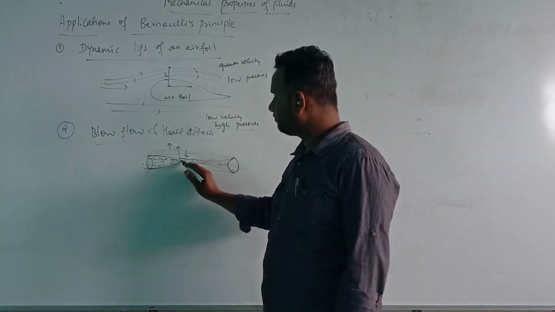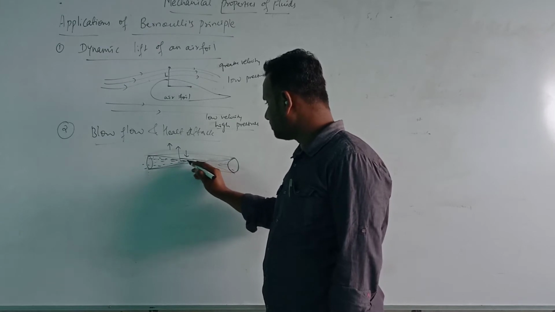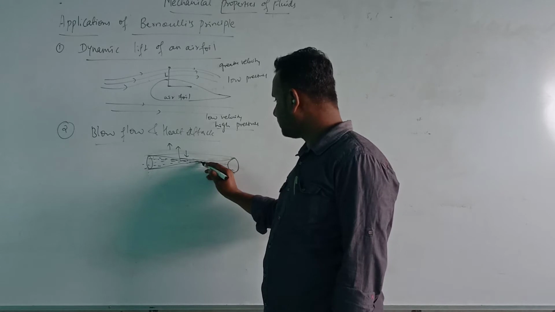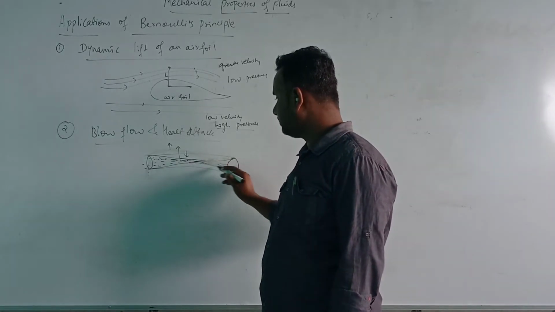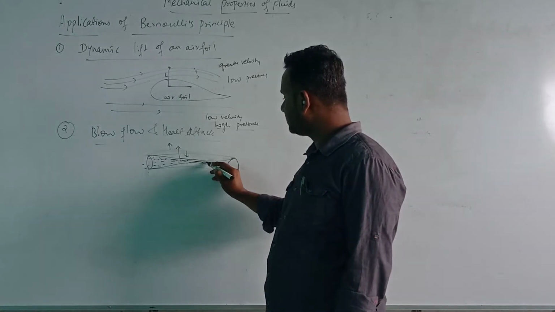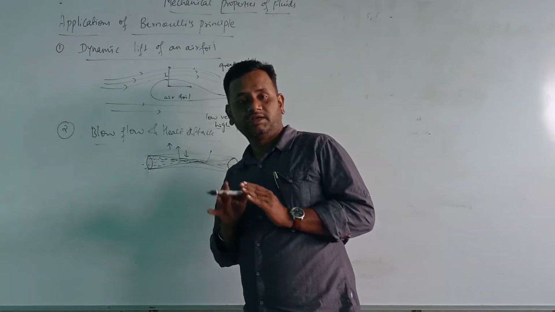When the blood passes through the constricted area of this artery, again the speed of the blood flow increases, and again the blood pressure decreases.